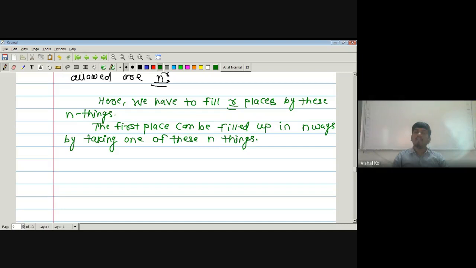So after filling the first place, the second place again can be filled in n ways, since here repetition is allowed. As repetition is allowed, there are n possibilities for the second place.